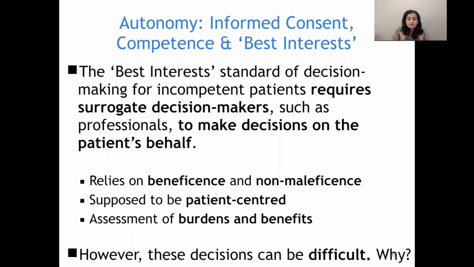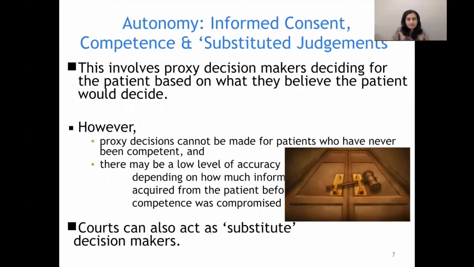However, these decisions can clearly be difficult, and there's a range of reasons why, which I'll ask you to consider. There's substituted decision making, and this involves proxy decision making, deciding for the patient based on what they believe the patient would decide.